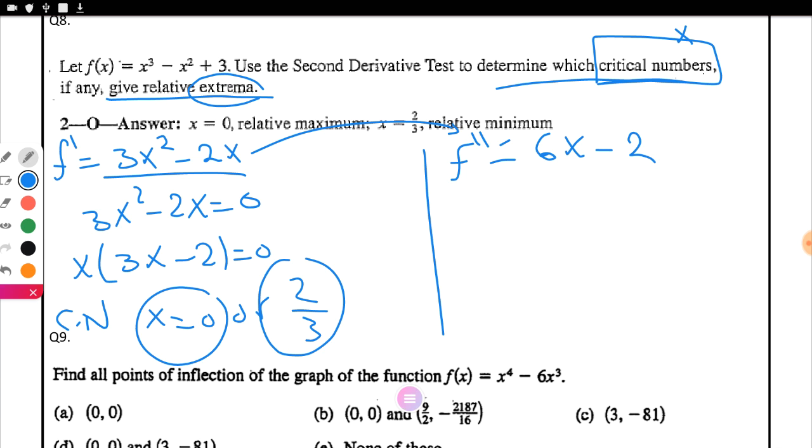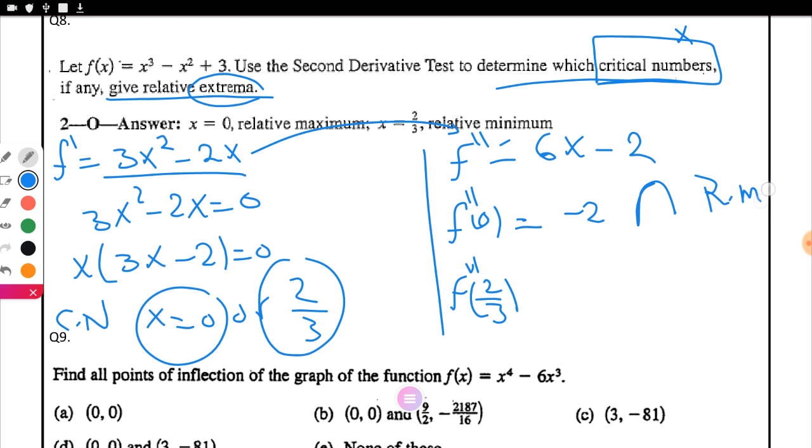Replace by these values: the second derivative at 0 and the second derivative at 2/3. Here it will be negative 2, concave downward, so we have a relative maximum at x equal 0.